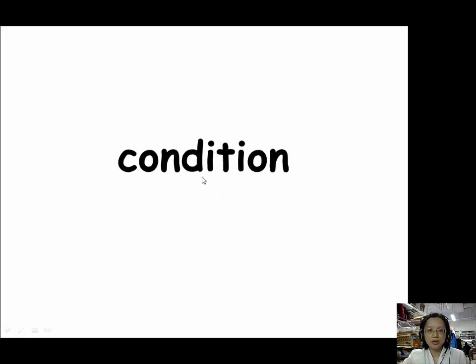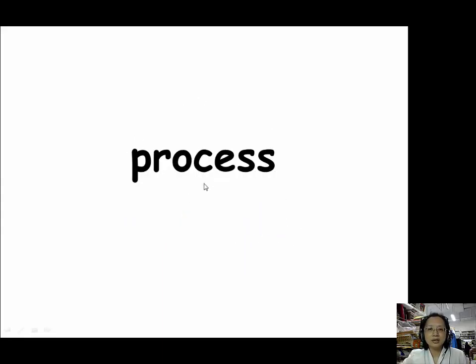For condition, usually a good condition is IA, ISM, and SIS. And for process, we have 2 suffixes, OSIS and IASIS. These are usually the morbid process.